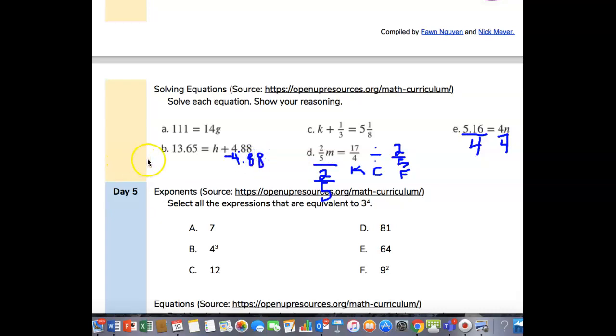This one should be fairly easy because you're just going to subtract from this side. Make sure you borrow.